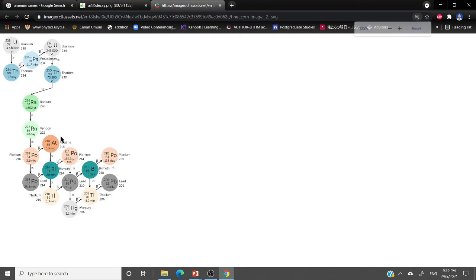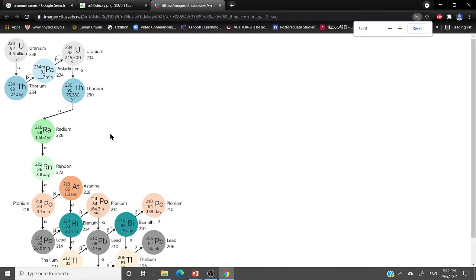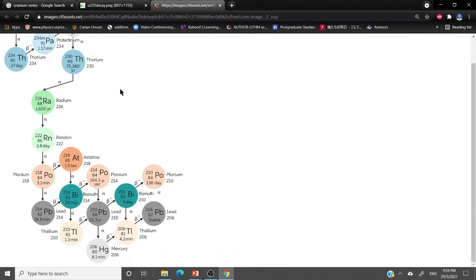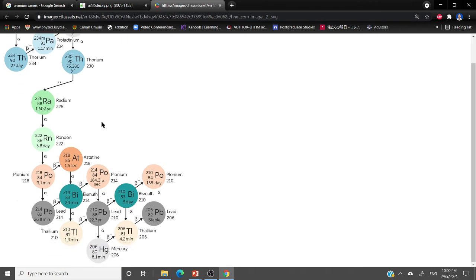This one is more complete. This is atomic number 92, and this one is 90. The vertical axis shows the atomic number. If you go upwards, the atomic number increases.